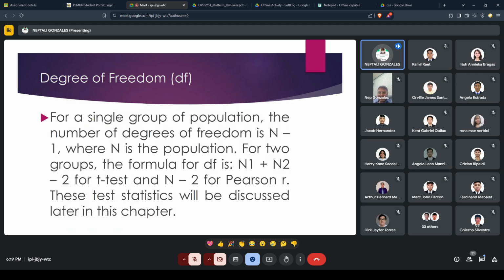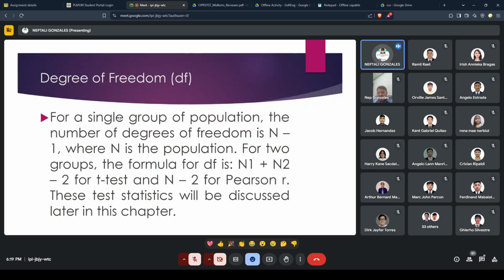So for a single group of population, the number of degrees of freedom is n minus 1, where n is the population. For example, you only have a single group of population, and that is only one section. You are conducting a study about your 3B section. That means the total number of students in your section, let's say 56, minus 1, the degrees of freedom is 55.